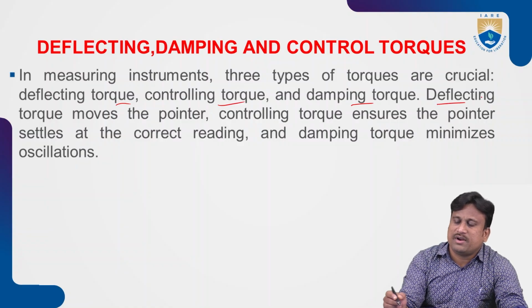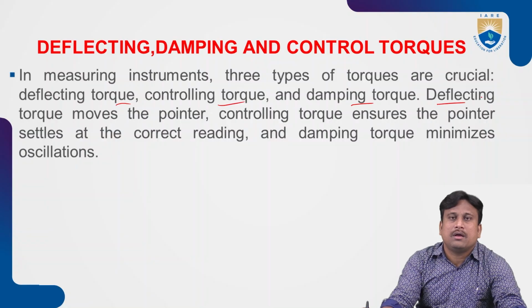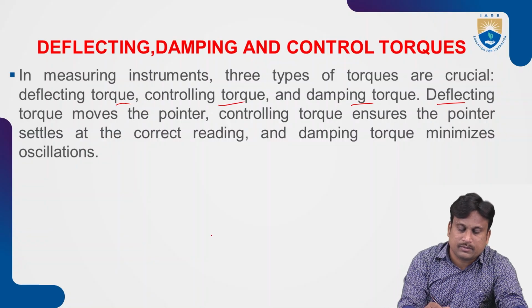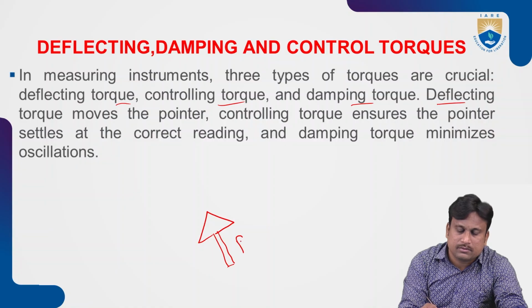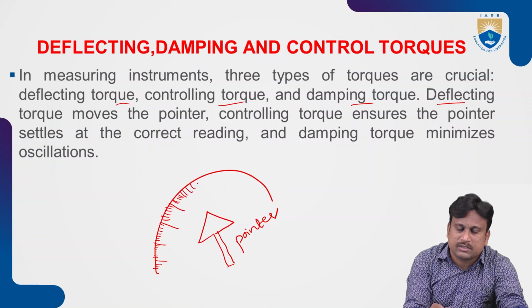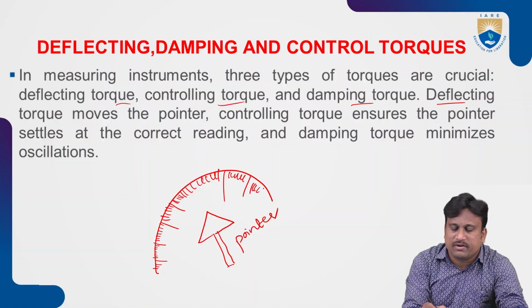Coming to the deflecting torque, it moves the pointer over the scale. So we should have a simple pointer. This is the pointer, and with this pointer we can make the movement over the scale by the deflecting mechanism.